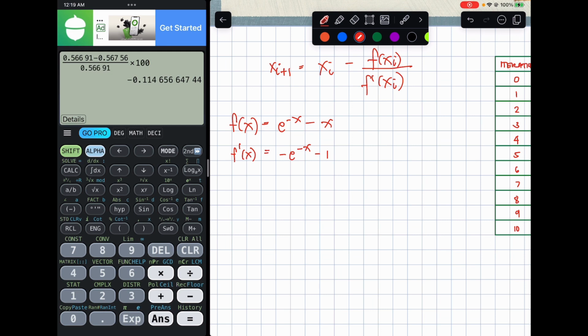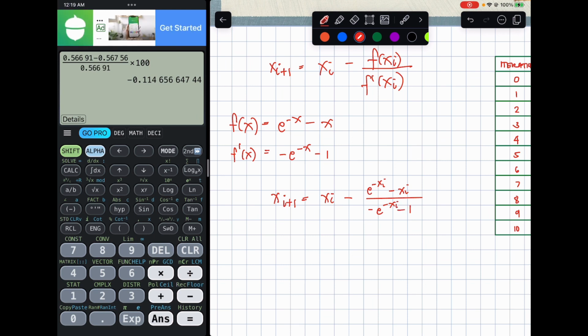So our general formula this time would be x sub i plus 1 is equal to x sub i minus, and we change x to x sub i in our f of x, which is e raised to negative x sub i minus x sub i, all over negative e raised to negative x sub i minus 1.